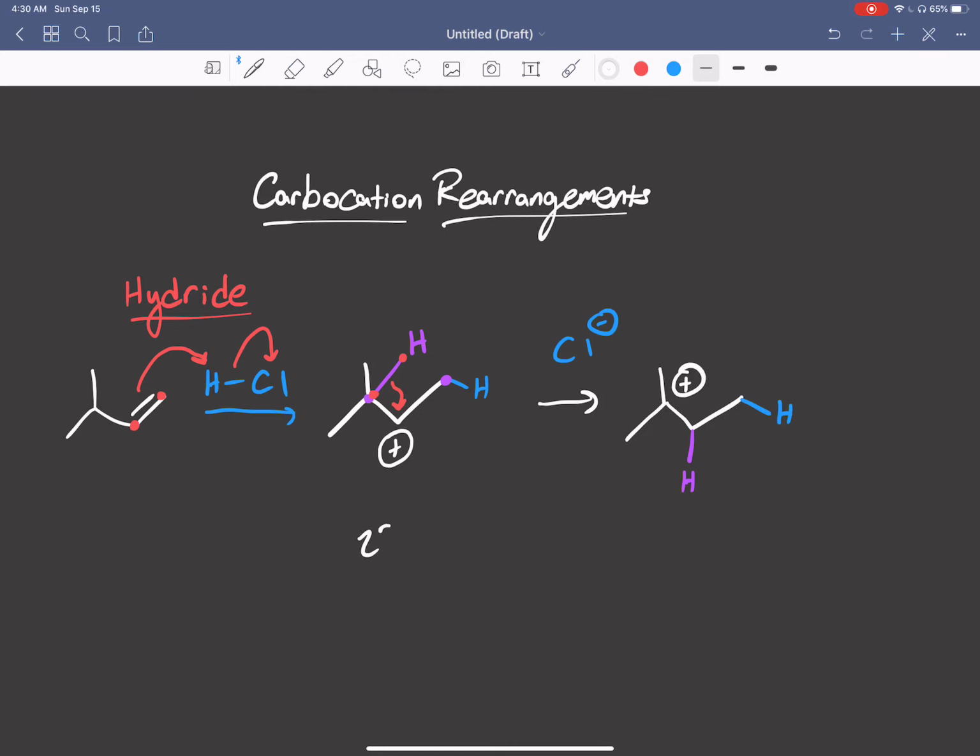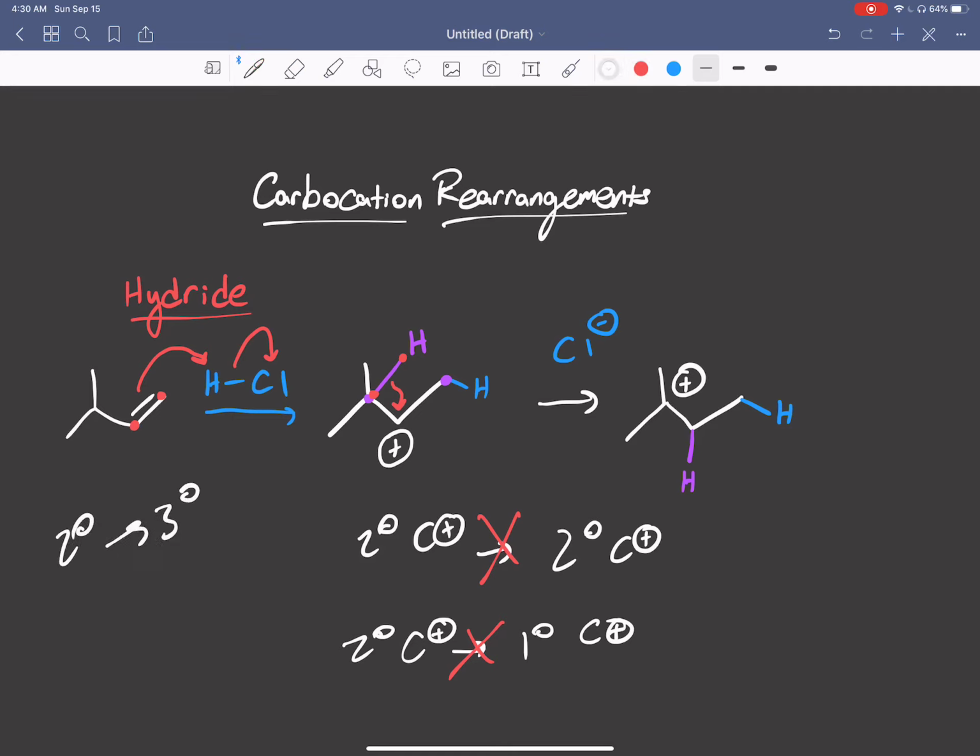If I'm going from a secondary carbocation to a secondary carbocation, it won't happen. If I'm going from a secondary carbocation to a primary carbocation, it won't happen. But secondary to tertiary can definitely happen and will happen, okay? And so that's the thing.